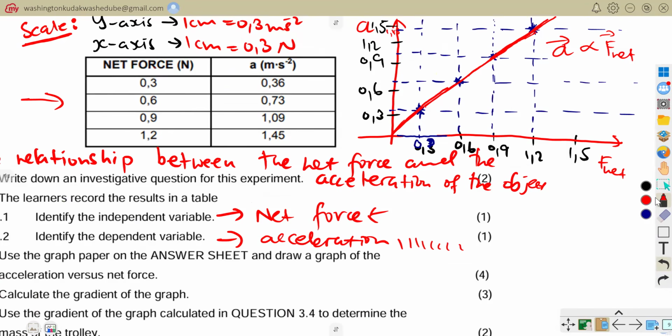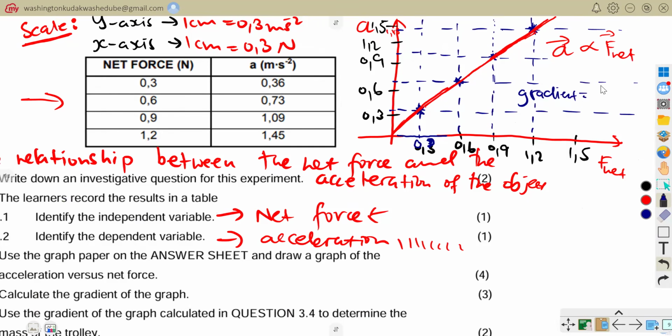So now, using this correct graph to determine the gradient, you would have said gradient, maybe let's say by the letter m, would have been equal to, letter m is just representing gradient, or else let me say gradient, because if I say letter m, someone would think I'm representing mass by that.